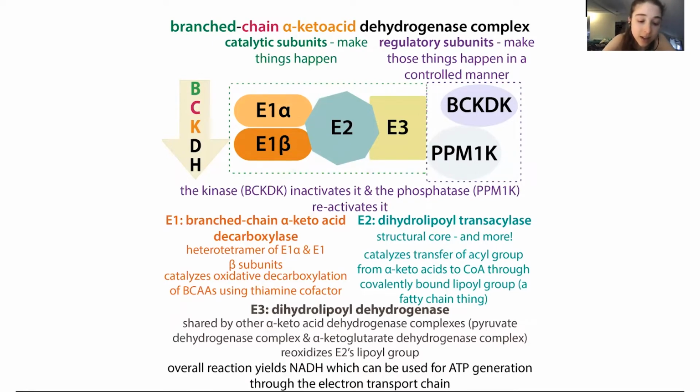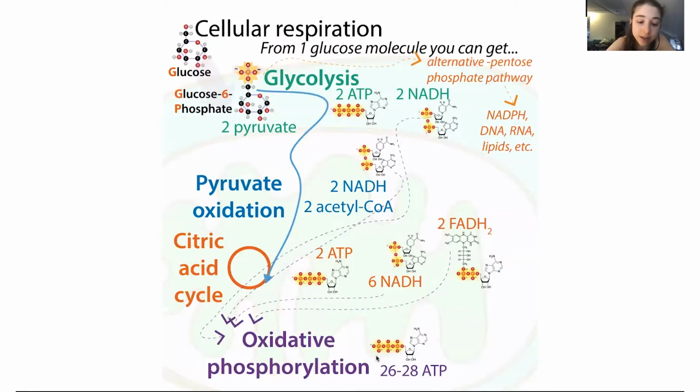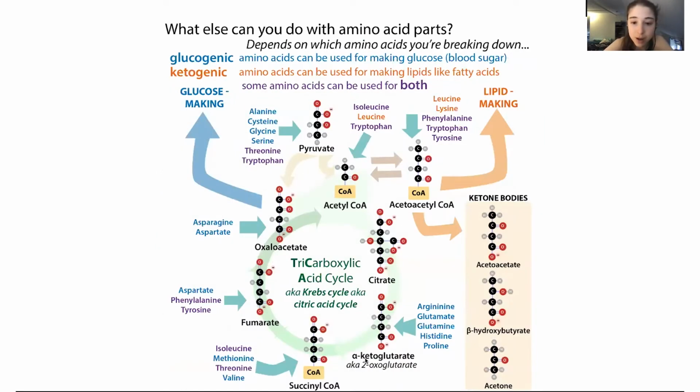That NADH can then enter the electron transport chain and be used for making energy, in addition to the bigger payout you can get from the end products of these pathways. The electron transfers go through the electron transport chain and give you energy.